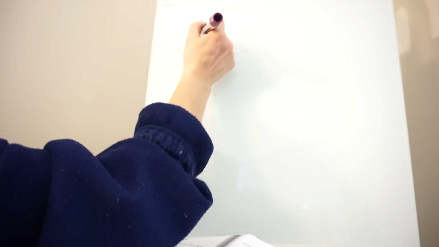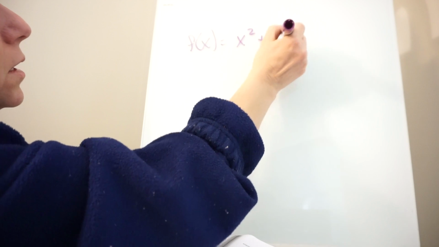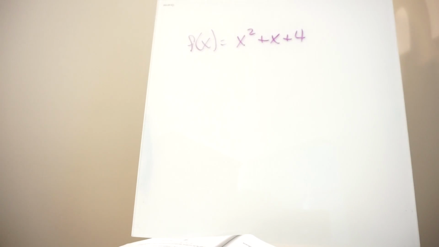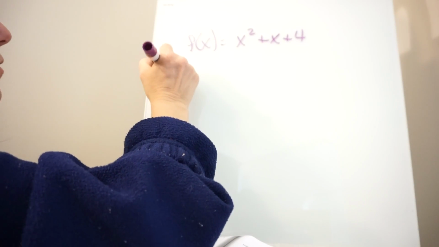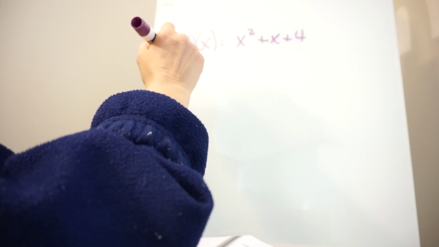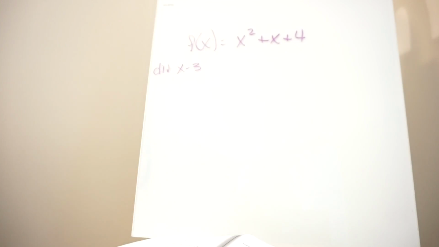It says use the polynomial f of x equal to x squared plus x plus 4, and the divisor we're going to divide by is x minus 3. All right, so do a specific development of the remainder theorem by showing that in this case the remainder equals f of 3.